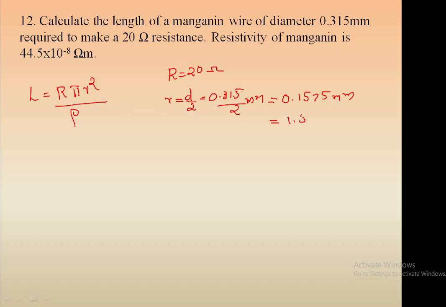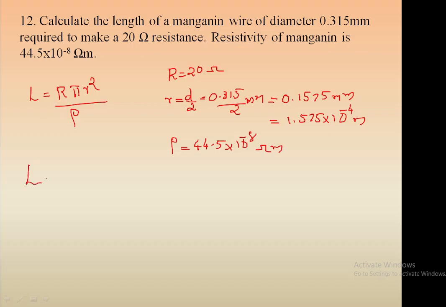So let us write 1.575 × 10^-4 meter. And the resistivity rho is equal to 44.5 × 10^-8 ohm meter. Now let us substitute.